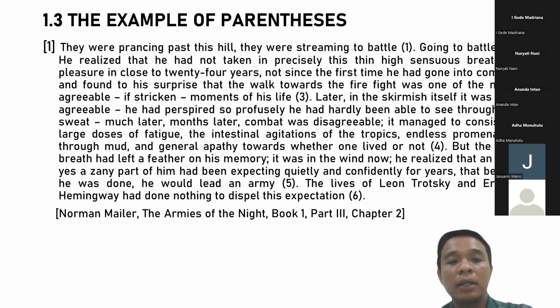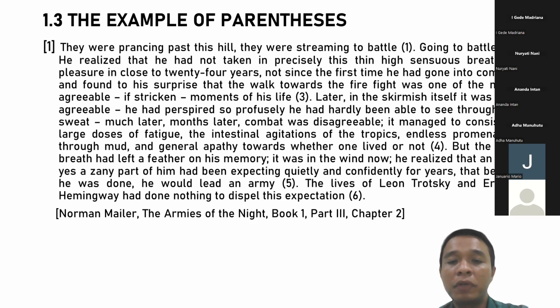For example, they were prancing past this hill. They were streaming to battle. Going to battle, he realized that he had not taken in precisely this thin high sensuous breath of pleasure in close to 24 years.